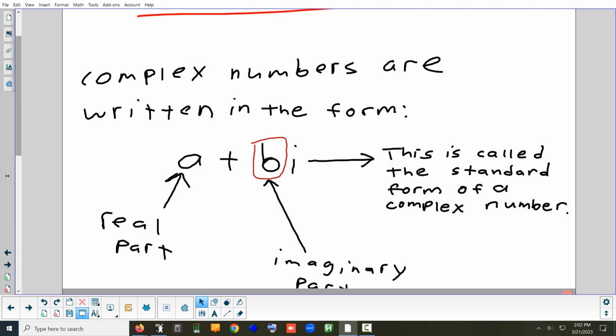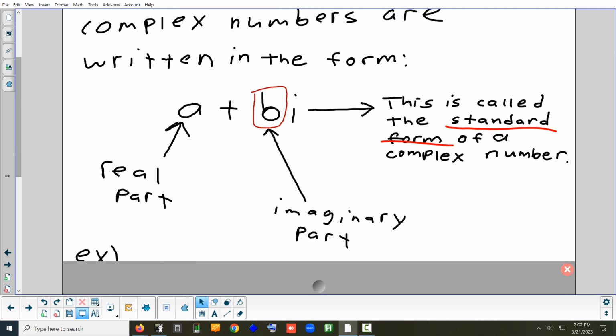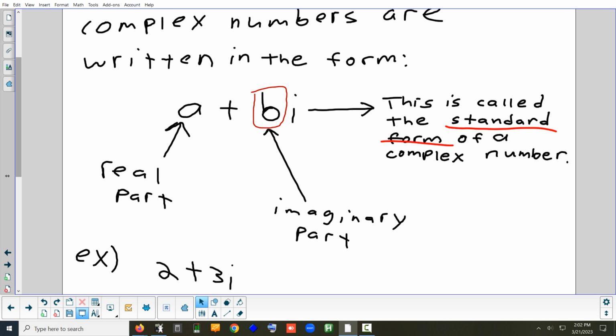If you write it in that form, that's called standard form. And there's an example of a complex number.